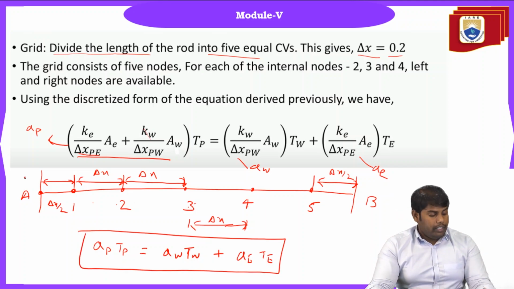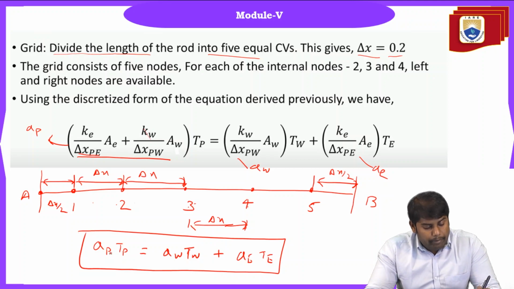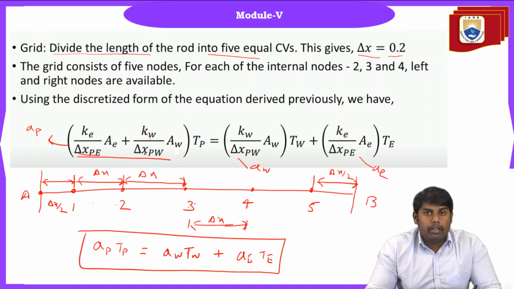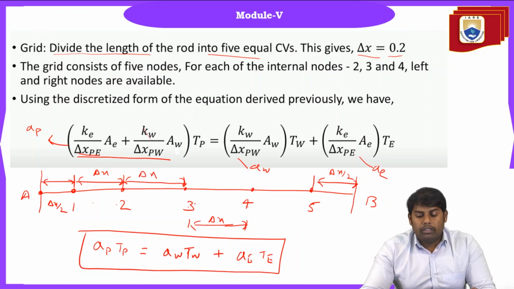Fine. So when we formulate it in this way, it is in the form of a linear equation. Now AP TP, A is nothing but this constant. So KE delta x into AE plus KW delta x into AW. So this is the entity we have. Then we have AW, which is nothing but for the west node. Next we have AE, which is nothing but the east node.